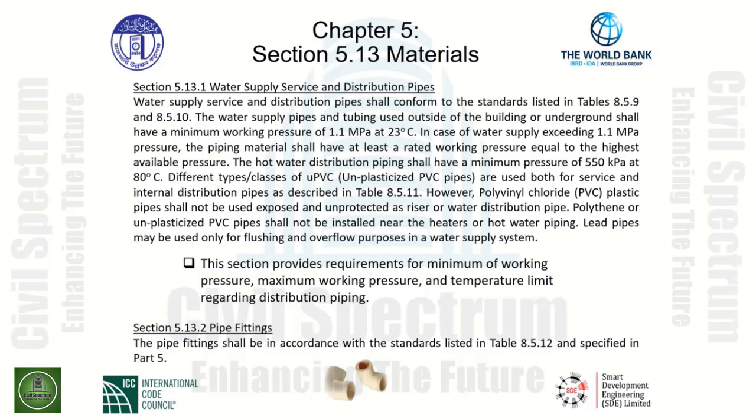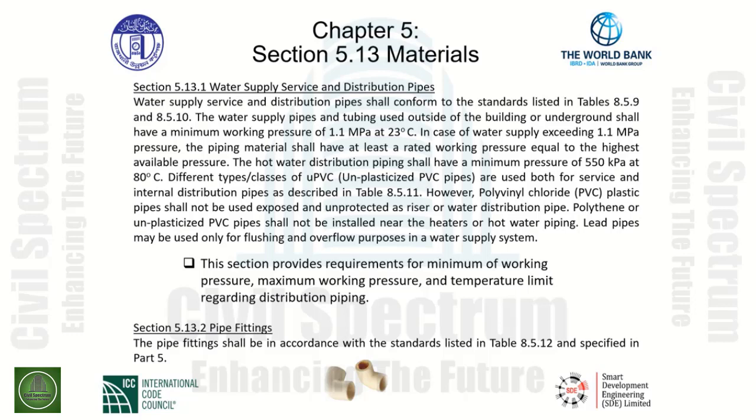Water supply, service, and distribution pipes shall conform to the standards that are listed in tables 8.5.9 and 8.5.10. The water supply pipes and tubing used outside of the building or underground shall have a minimum working pressure of 1.1 megapascals at 23 degrees Celsius.